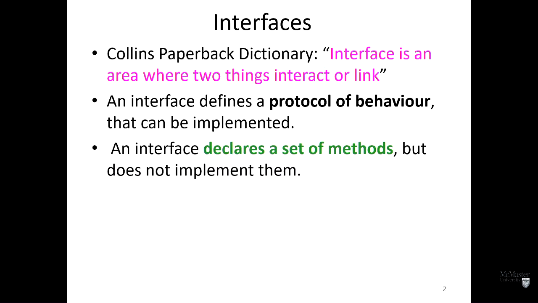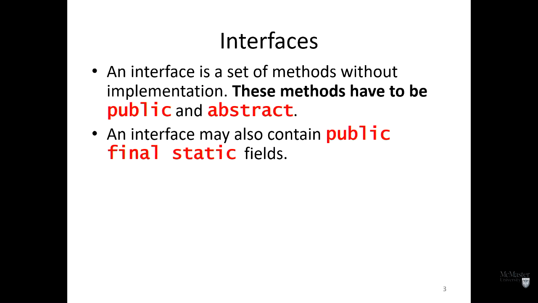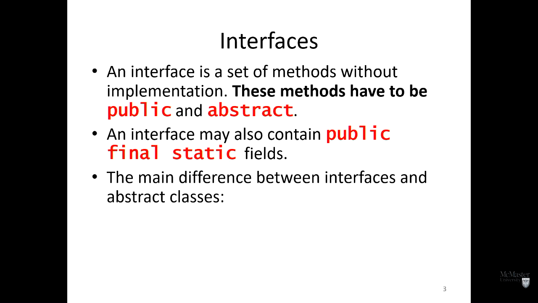So this is a contract or a protocol between you and the user. And then in an interface, you just declare certain methods without implementing them, completely similar to an abstract class, right? And then later, another class would be implementing these methods, right?